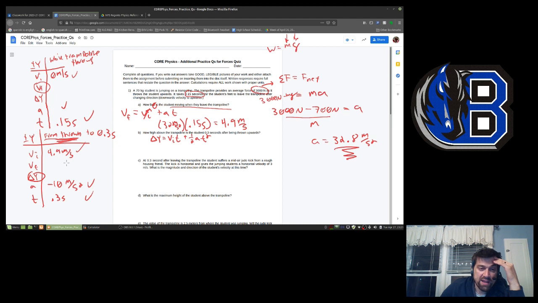This is the one that has the three things I have and the thing I need. So I've got my 4.9 meters per second times my 0.3 seconds plus 1/2 times, this is acceleration due to gravity, times my 0.3 seconds squared.